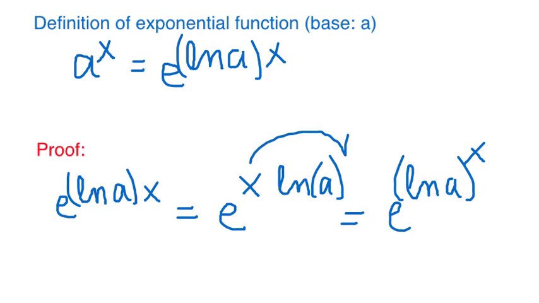So this is just the coefficient power rule. And then finally, e to the natural log, these are inverses. And we know since these are inverses, they're just going to equal a to the x power. So there's your proof. A to the x is equal to e to the ln of a times x.